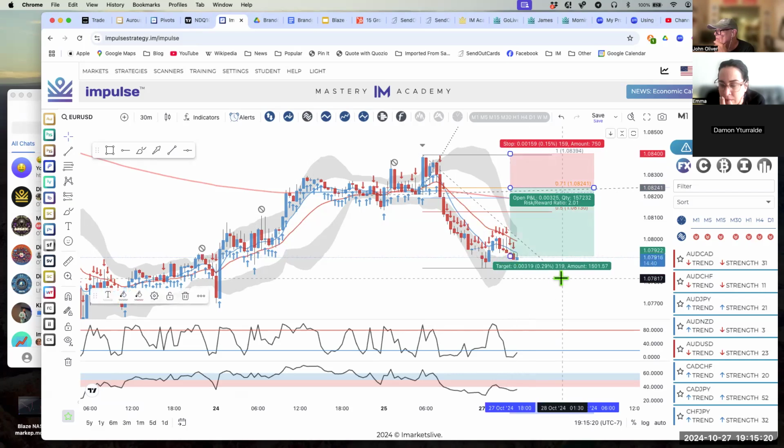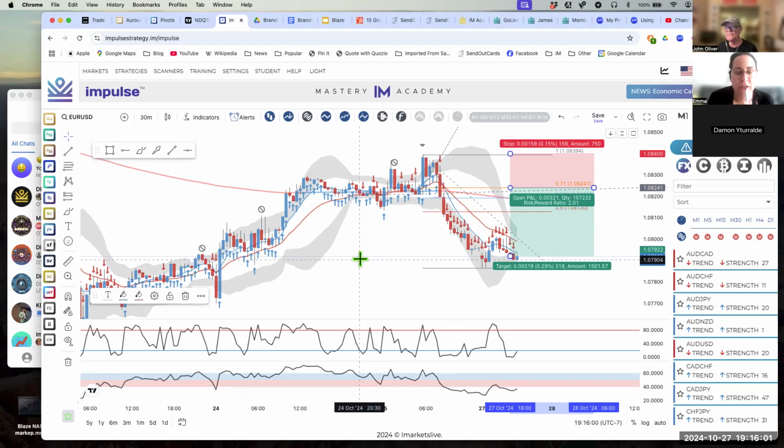So our target would be right there. Does that look good to you, Emma? Is that pretty much how Jim's doing it, do you think? Yeah, that's how I think he's doing it. Okay, so stop loss would be 1.08398 and our TP at 1-to-2 is going to take us out at 1.07922.